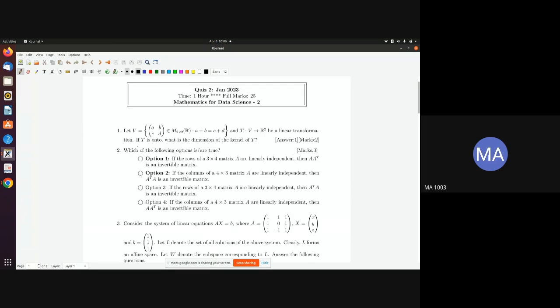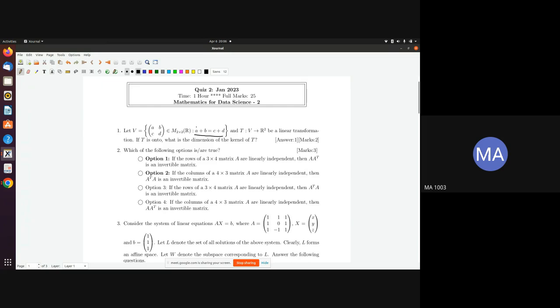Can you tell me the dimension of the vector space? How many free elements are there? There is only one condition. You are saying independent variables, right?